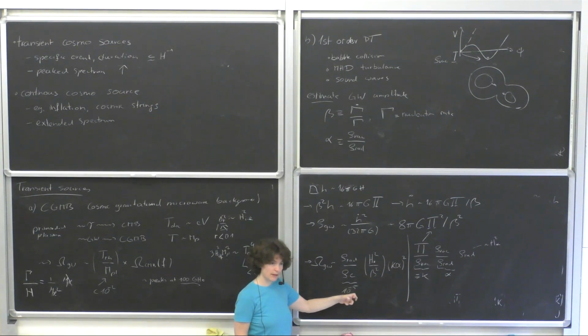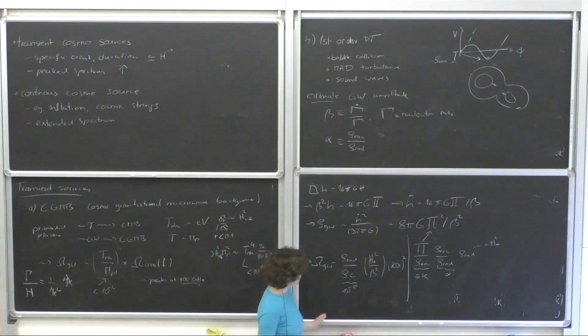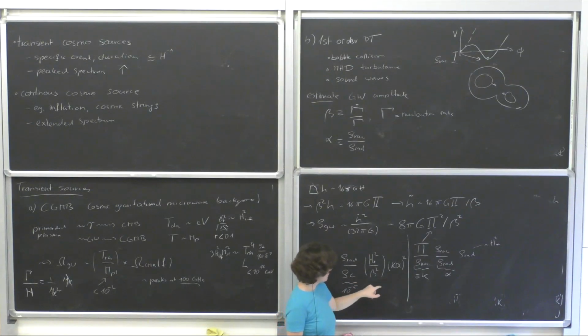So very violent phase transitions are in fact already constrained by CMB and BBN observations. The milder you make the phase transitions, the smaller, so all these factors are strictly smaller than 1.